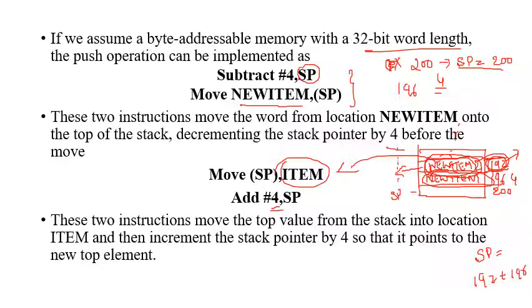Even then, if you want to use the pop, then if you use the same set of instructions again, the new item that is stored in the address 196 will be retrieved back into the item. We can name it as item 2, and you need to update the stack pointer value to be 200. Now this process continues.